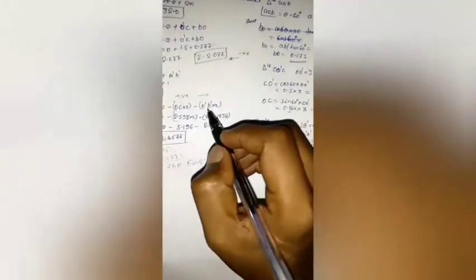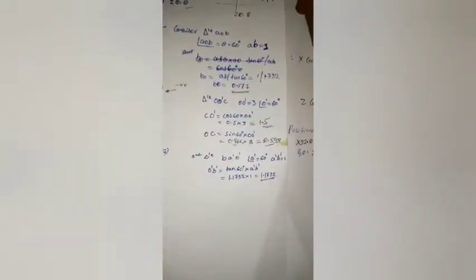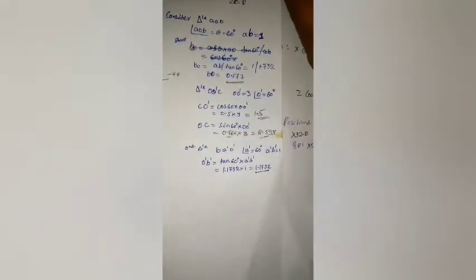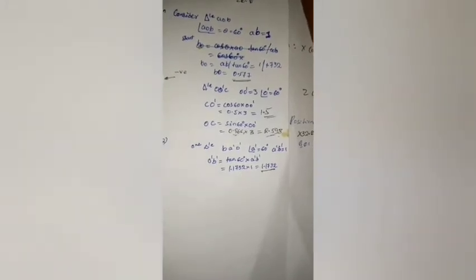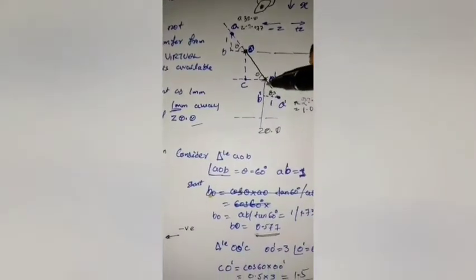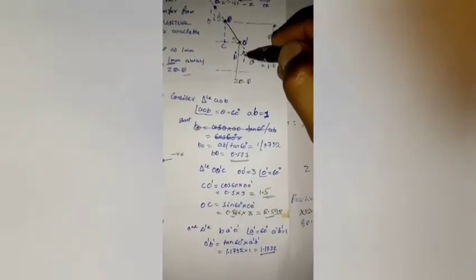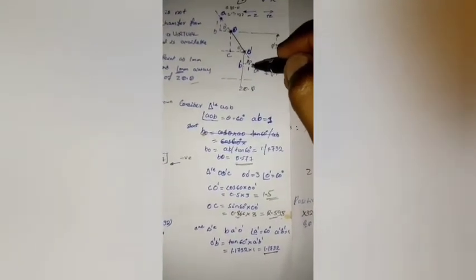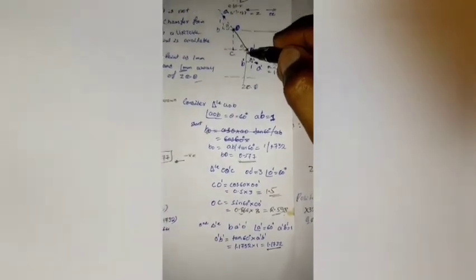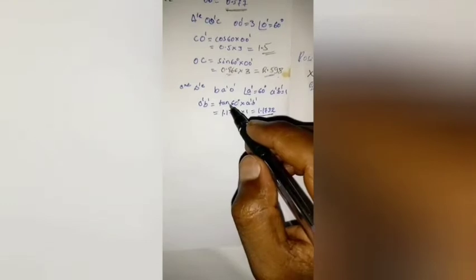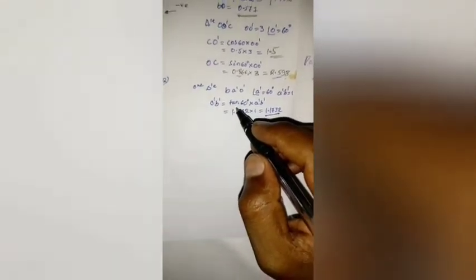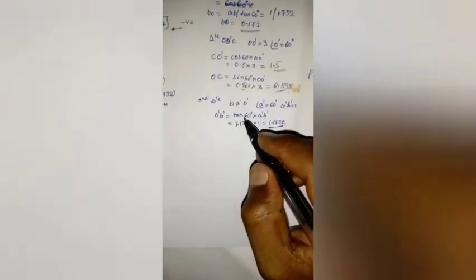Then I'll go to O dash B dash. This is found out from the lower triangle. I have to find out O dash B dash. In this triangle, the theta is 30 degrees. I know the value of A dash B dash, which is 1, and the opposite side I have to find out, but here I can use the tan function because I do not know the hypotenuse.